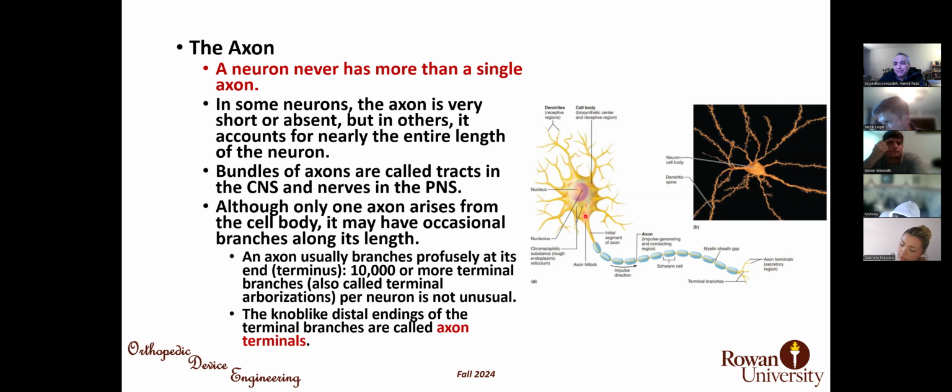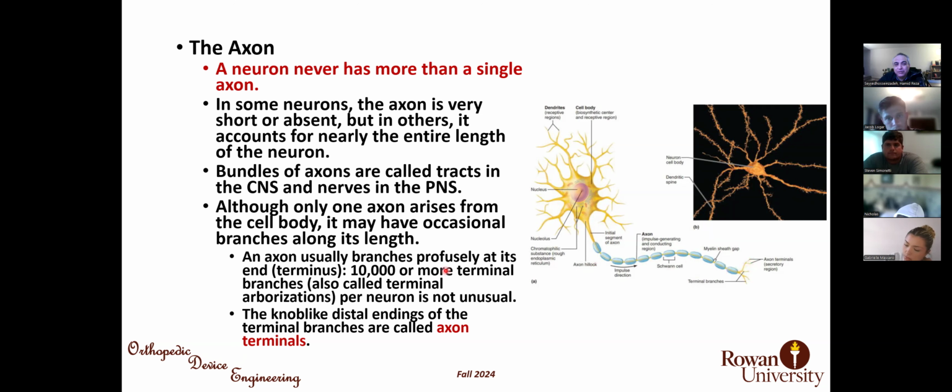Axon takes it away. Although each cell has only one axon, at the end of the axon, it branches into several smaller branches.